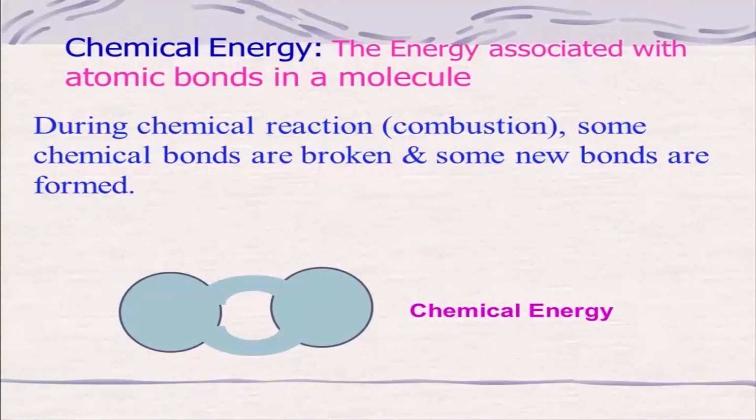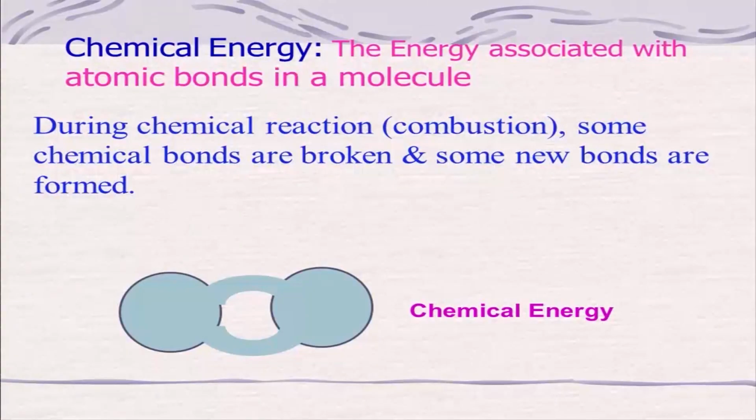If it is released, we call it an exothermic reaction, because it gives heat. If it is absorbed, it is known as an endothermic reaction. During a chemical reaction, new bonds are formed while the old bonds are broken. So these are basically known as chemical energy, right?